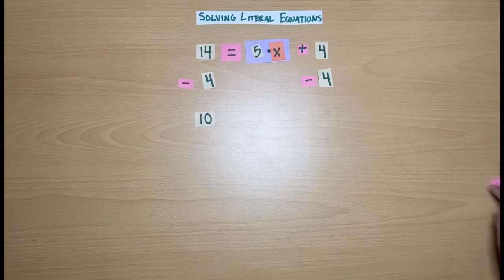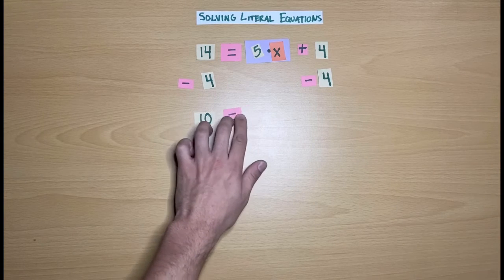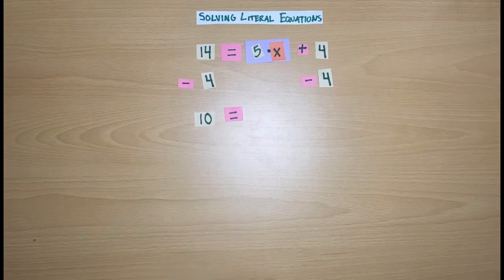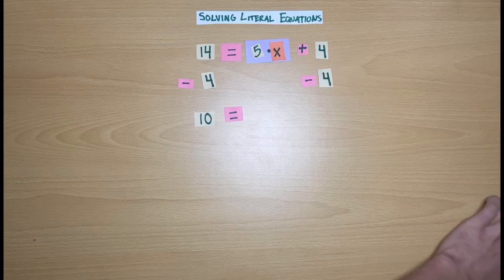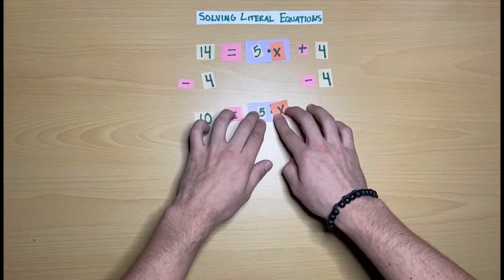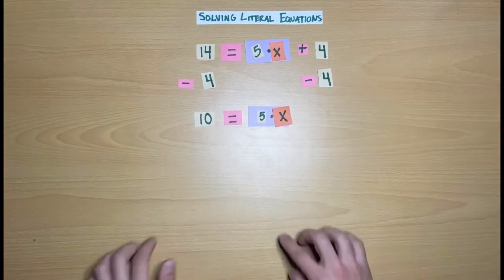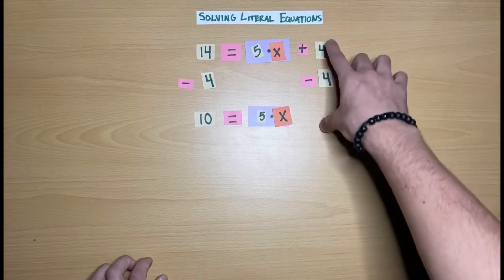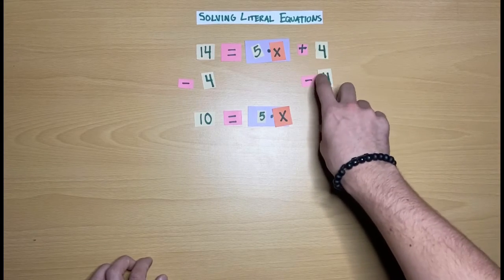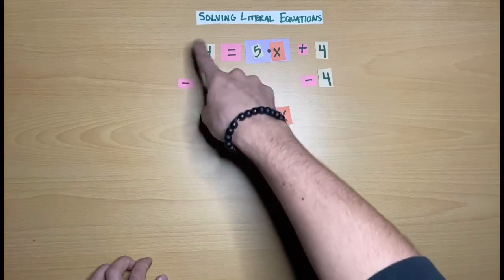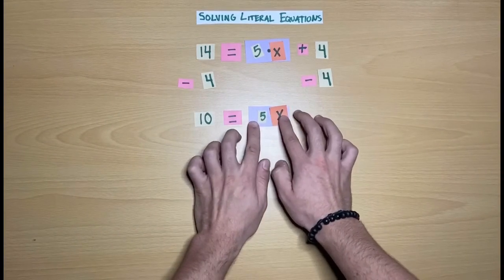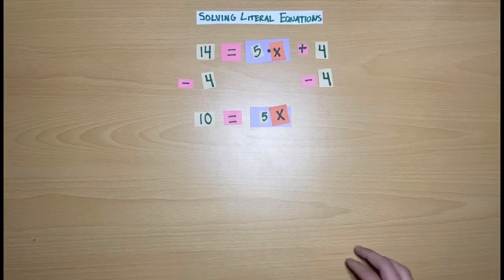And now we will get 10 equals 5x. And that's because these 4's canceled out. And then 14 minus 4, you can combine those to make 10. So now it's pretty simple.